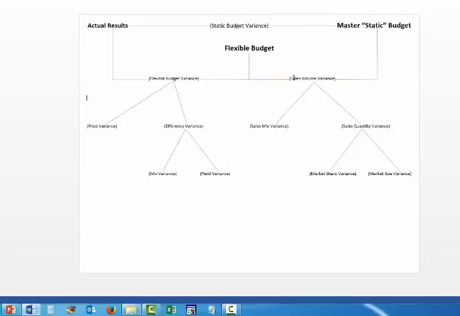We can calculate what is called the sales volume variance, which basically says what part of the static budget variance is just due to the change in volume regarding sales, and the flexible budget variance, and this is due in regards to things such as our inputs, our efficiency variance, and our price variance.